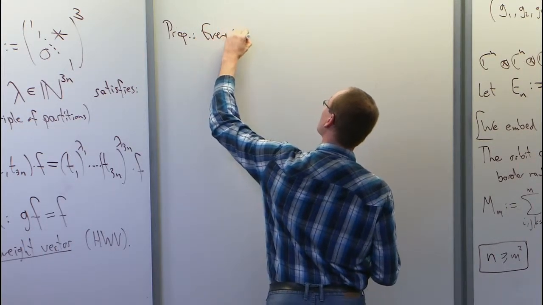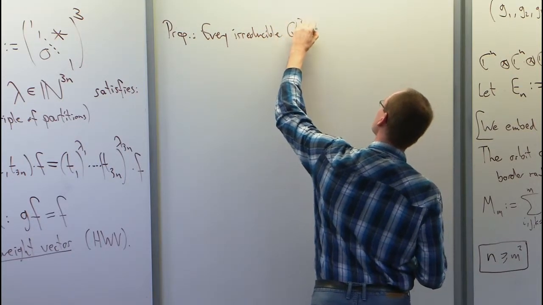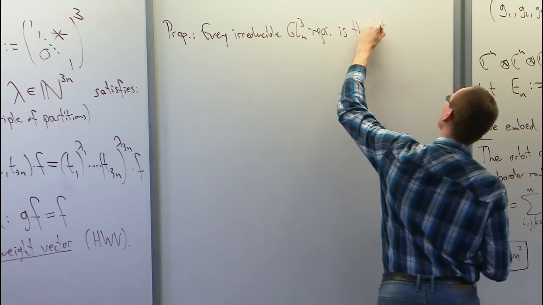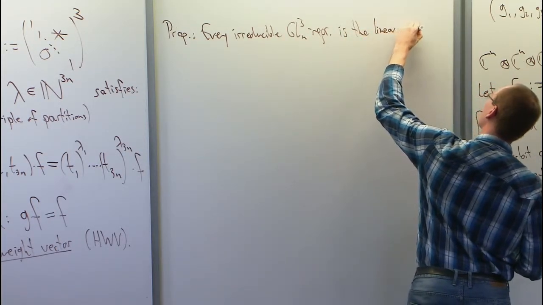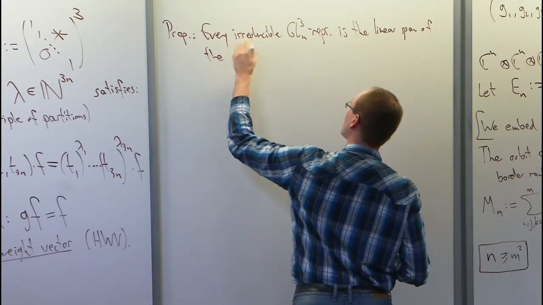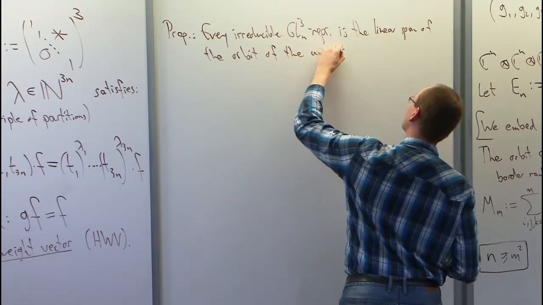Every irreducible representation is the linear span of the orbit of the unique highest weight vector in there.